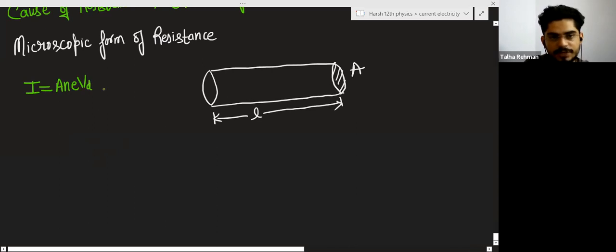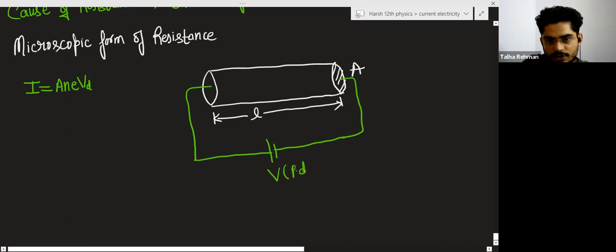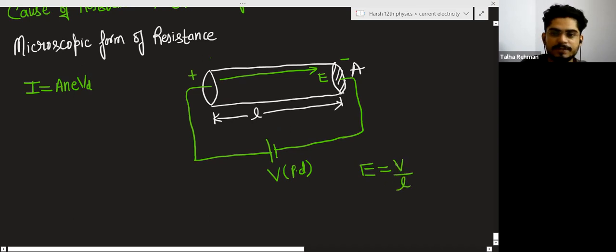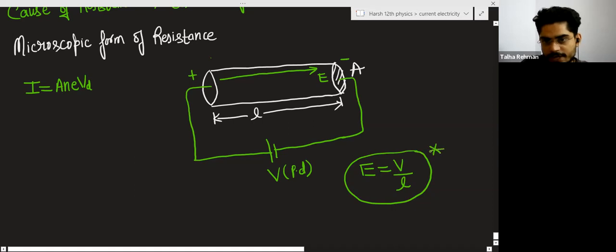I is equal to A N E V D. And if I have applied an electric field across the ends of this conductor, and V is the potential difference across the ends of the conductor, and this is the positive end, this is the negative end, if E is the electric field generated inside the conductor, you can write electric field is equal to potential difference divided by length.